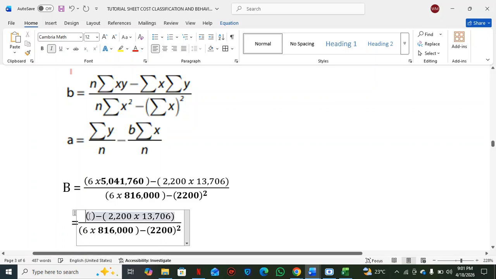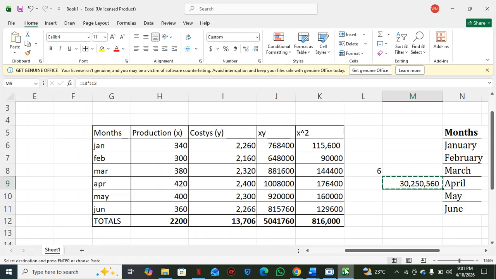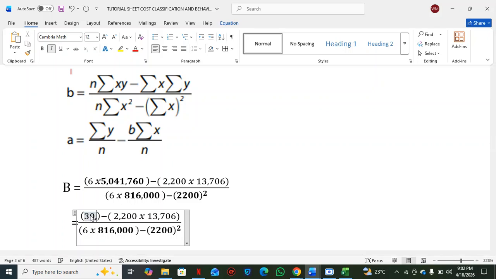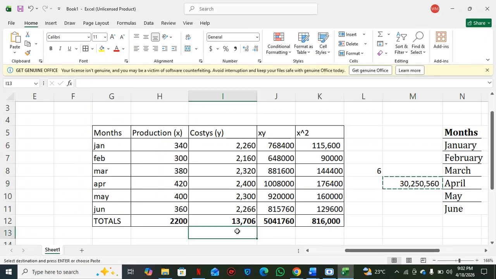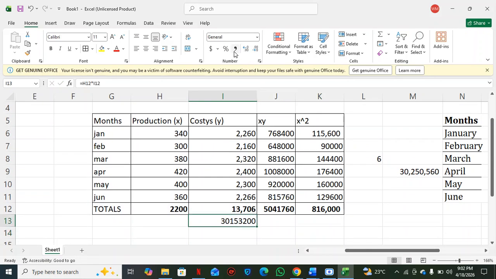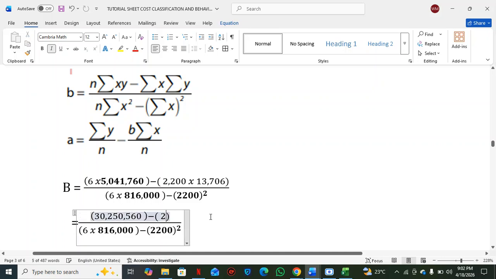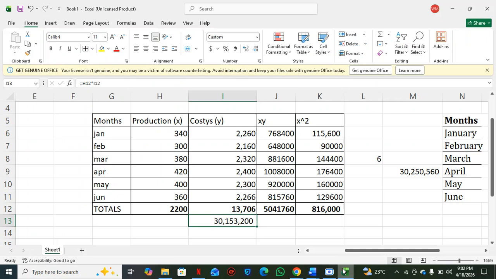We get 30,250,560. Then 2,200 multiplied by 13,706 gives 30,153,200.